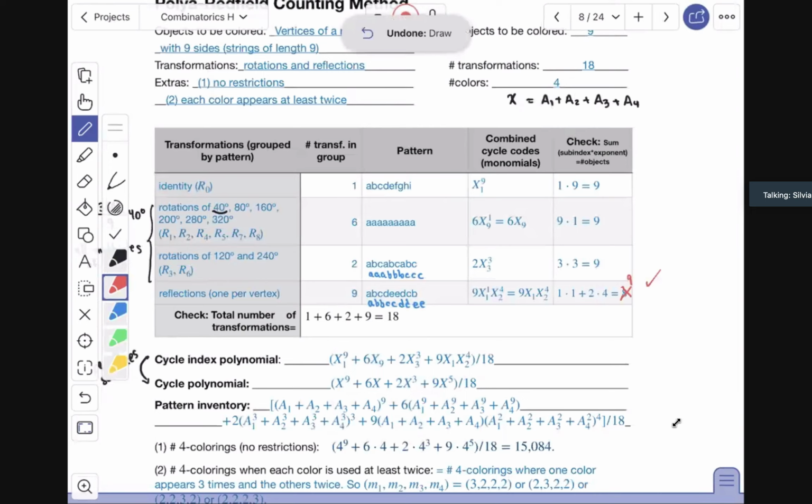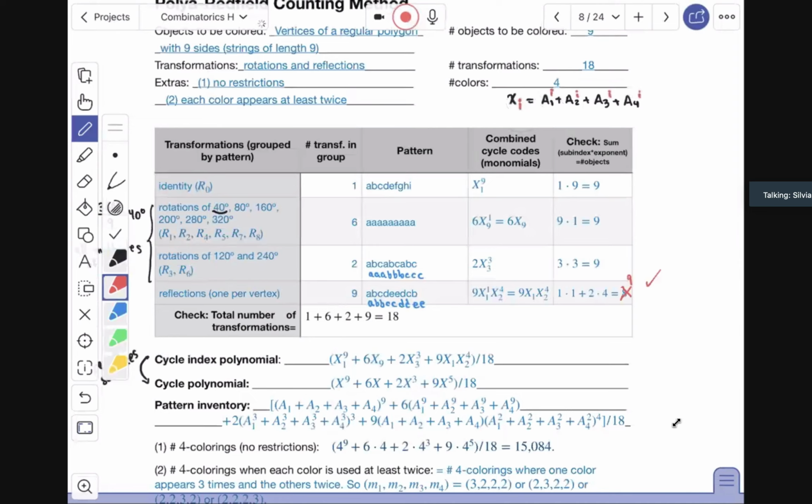If the subindex is i, then I use that as the exponent for each one of them. Make sense? So it's the number of colors, and this is the only one of the 3 polynomials that depends on the number of colors that you are using in that problem.